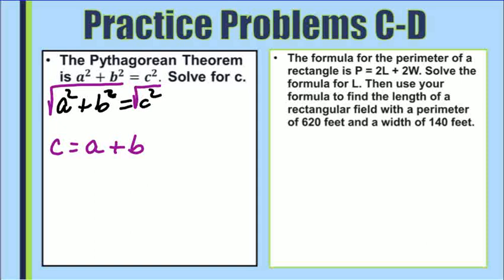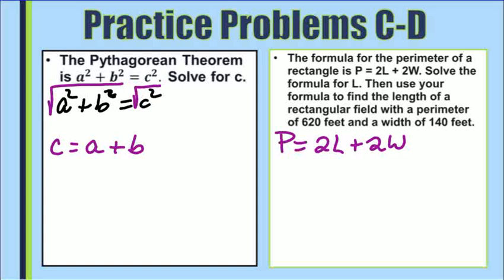Then the formula for the perimeter of a rectangle is P equals 2L plus 2W. Solve the formula for L, then use your formula to find the length of a rectangular field with a perimeter of 620 feet and a width of 140 feet. So I'll start off with my formula. Perimeter equals 2 times the length plus 2 times the width.